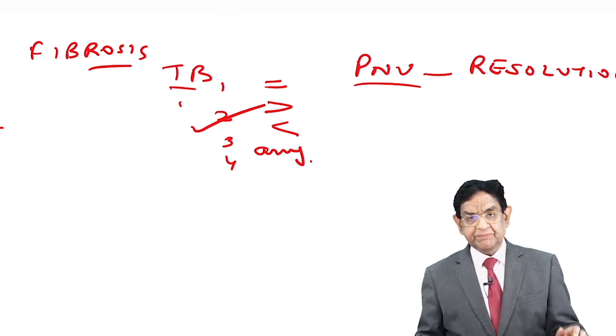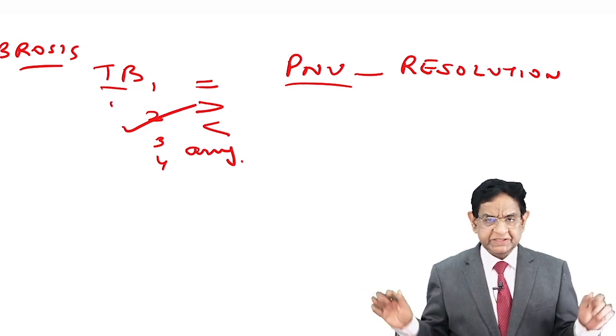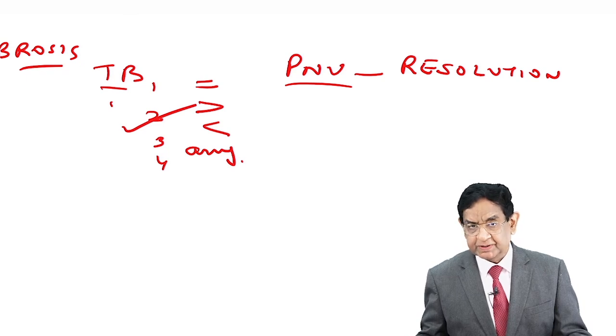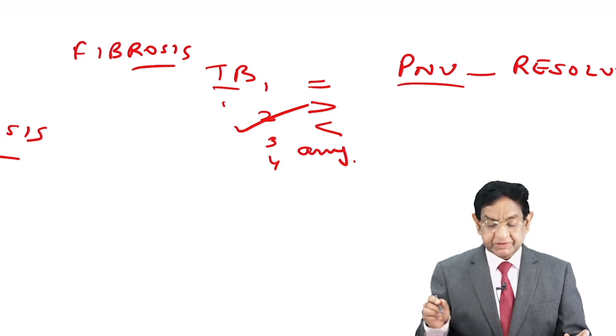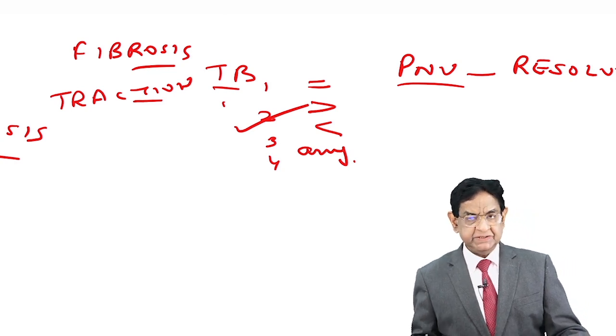That means a patient with pneumonia is given antibiotics, and everything disappears, so it doesn't leave any scar tissue. But in TB, there is a lot of fibrosis, and fibrosis will lead to traction or pulling of the bronchi, and that can lead to bronchiectasis.